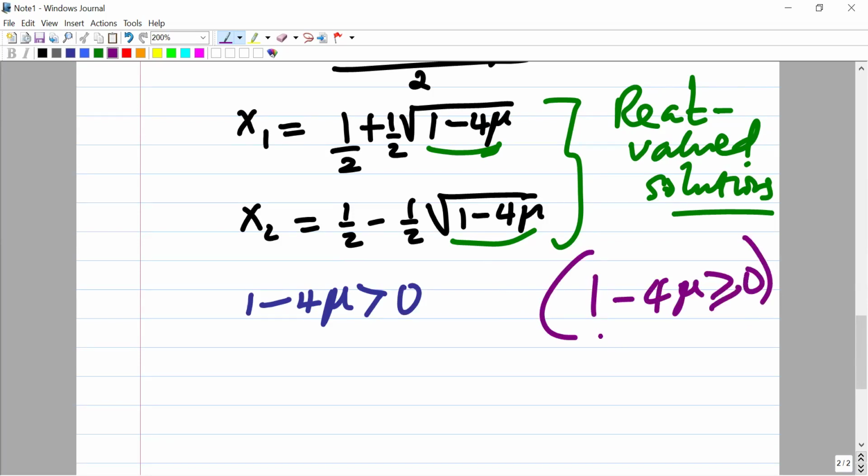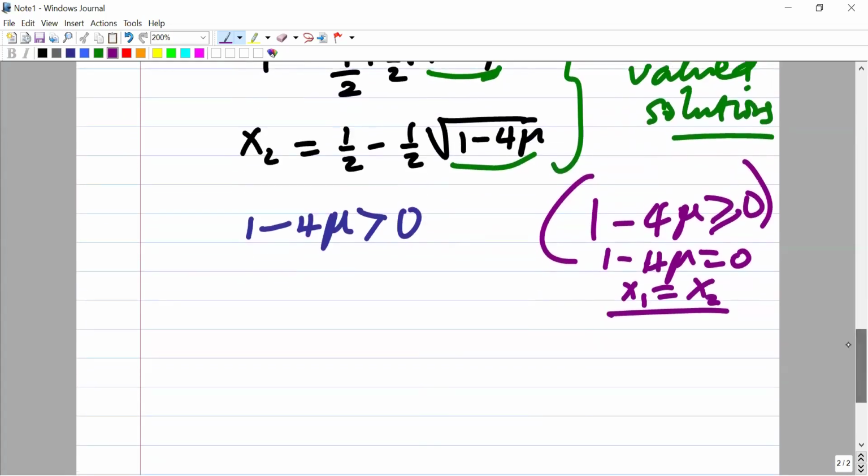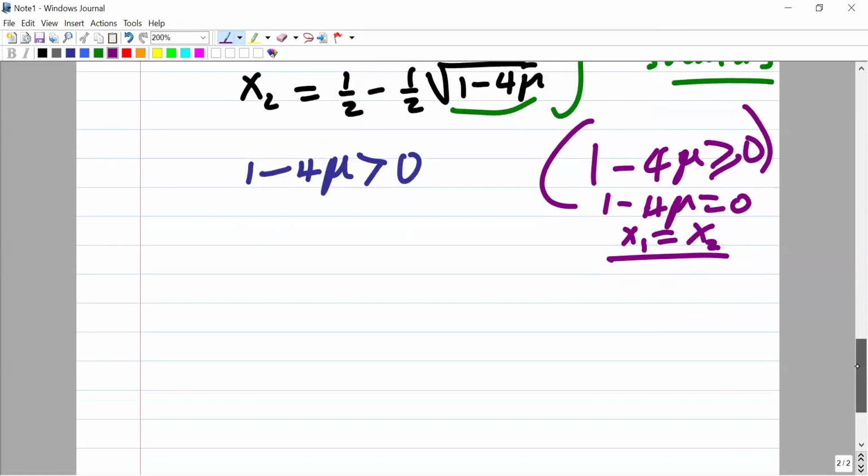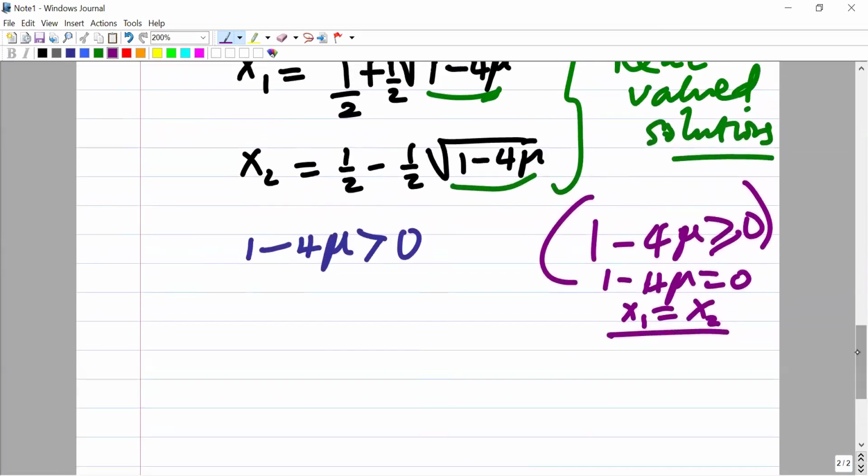If we put the equality, 1 minus 4 mu equal to 0, then it means x1 is equal to x2. These two meet. But we are interested in distinct equilibria also. So we have to consider both cases, where we have two distinct and where we have one. You will see it unfolding at some point. So this is an important condition.